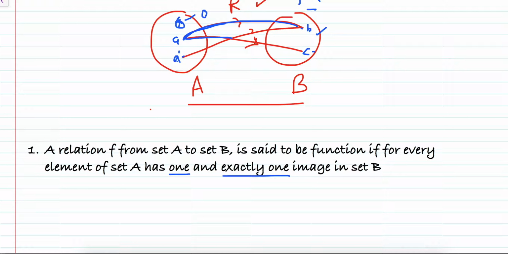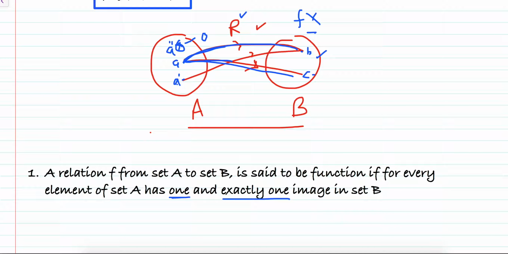So this has one image in set B. This has two images in set B, and this element, suppose A double prime, has no image in set B. So it should have one and exactly one. I had said that this has two images, that's why it's not a function. But this also has a number other than one. It has no images, it's zero.